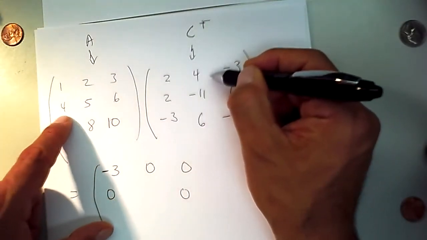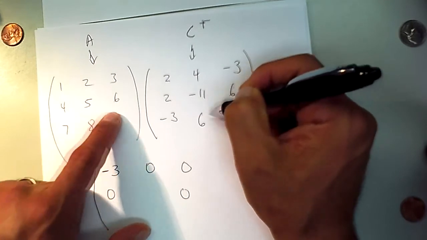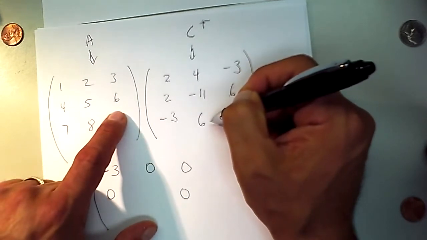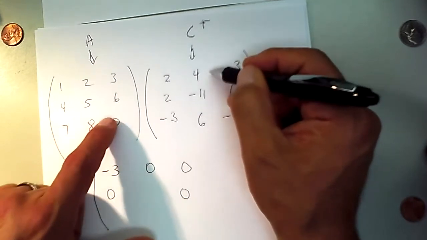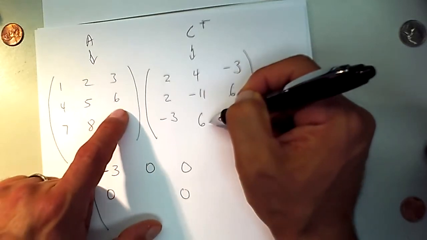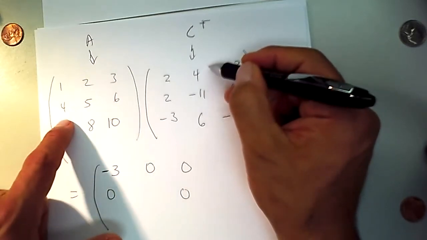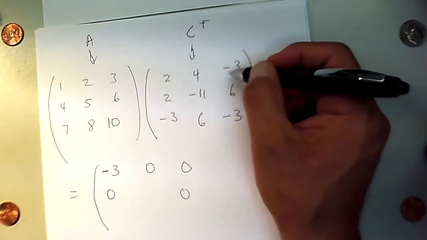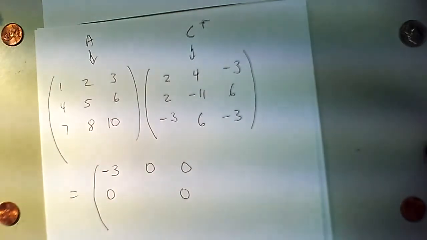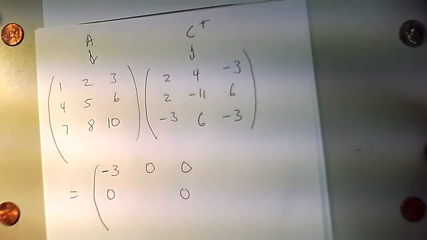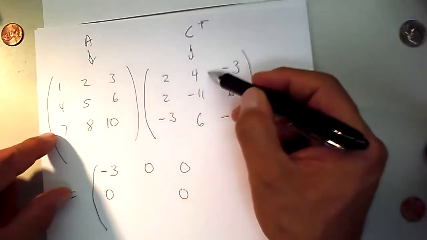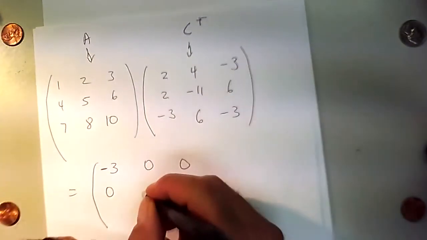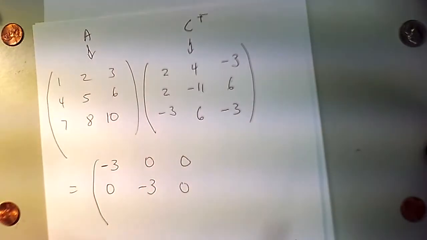16 minus 55 plus 36. Boy. Let's do 36 plus 16. 52. 52 minus 55 is negative 3. Okay.